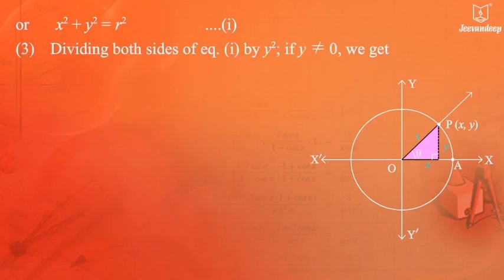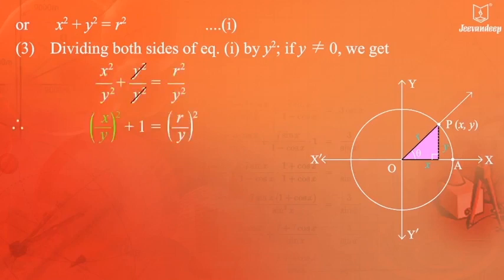Thus proved. Third proof. Dividing both sides of equation 1 by y square, if y does not equal 0, we get x square upon y square plus y square upon y square equals r square upon y square, or (x upon y) whole square plus 1 equals (r upon y) whole square.